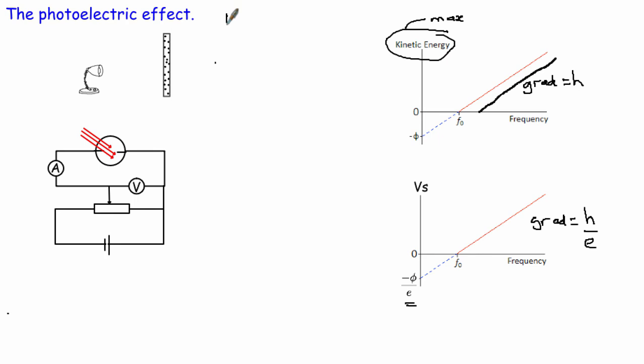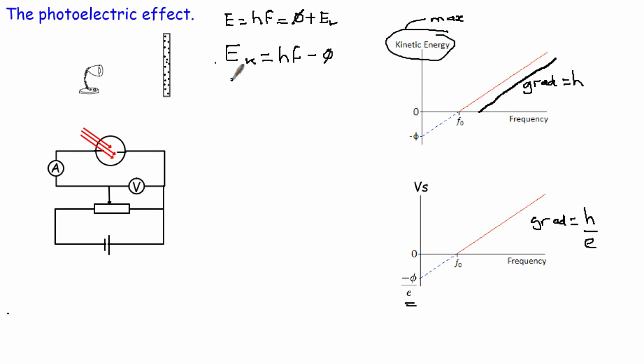and the reason it's h is because you take this equation here, E equals hf, the same equation we've just written down, and you rearrange it so the kinetic energy is equal to hf minus phi.